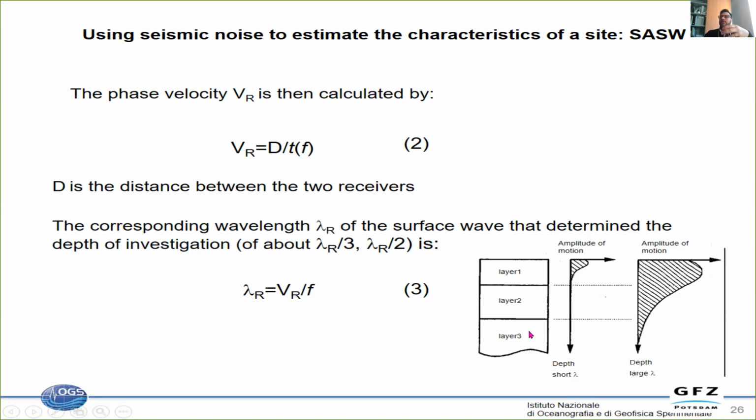And these deeper layers are faster, and therefore the velocity of this perturbation at this frequency is larger than for the high frequency. Okay? Till now it's all clear?